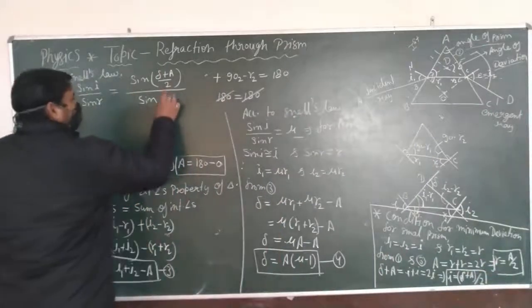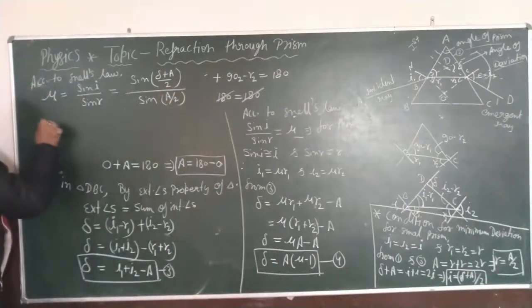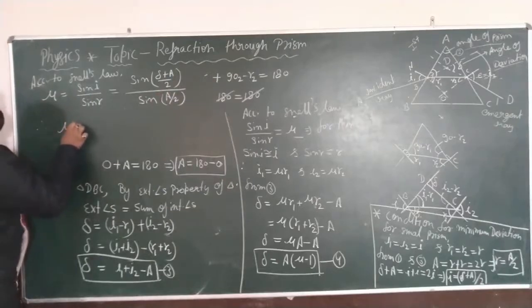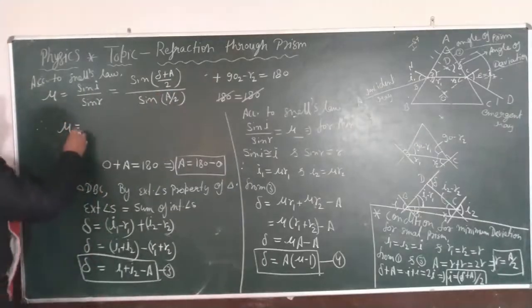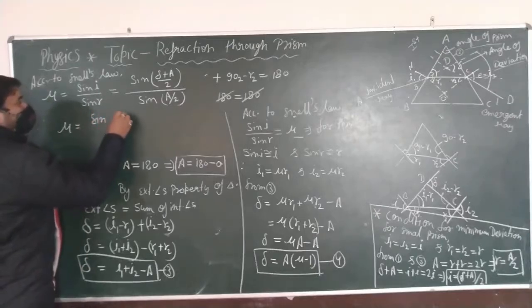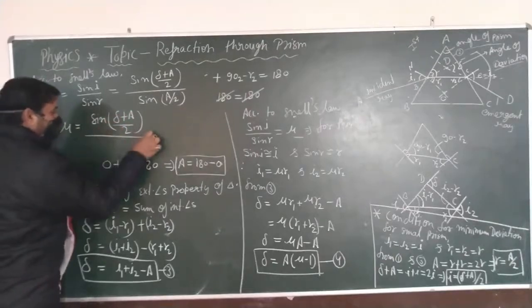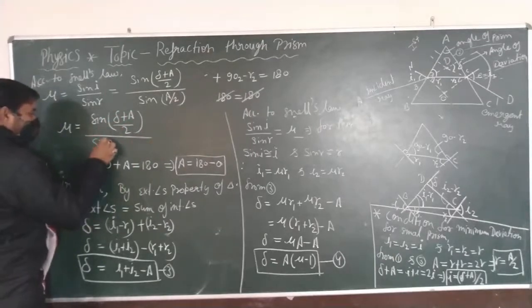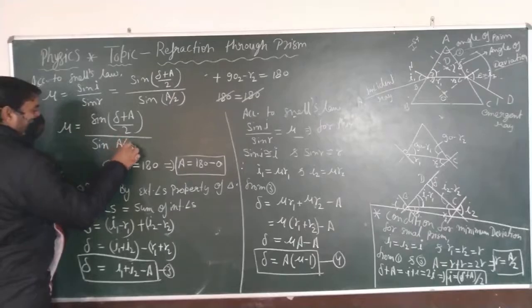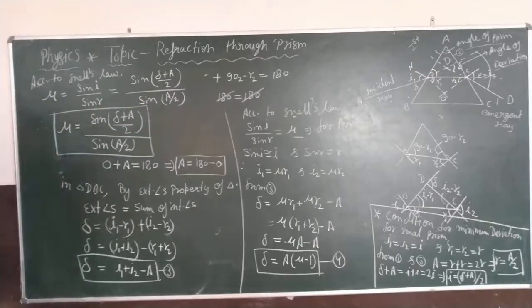Therefore the condition for minimum deviation is sin of del plus A by 2 upon sin A by 2. This is the required condition for minimum deviation.